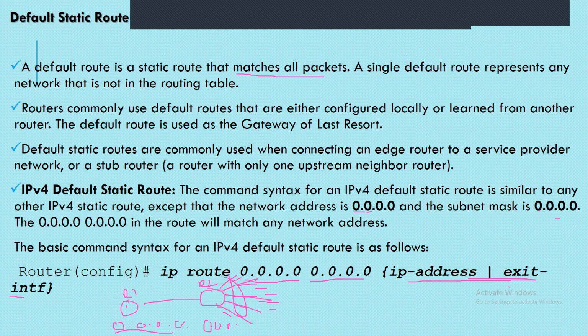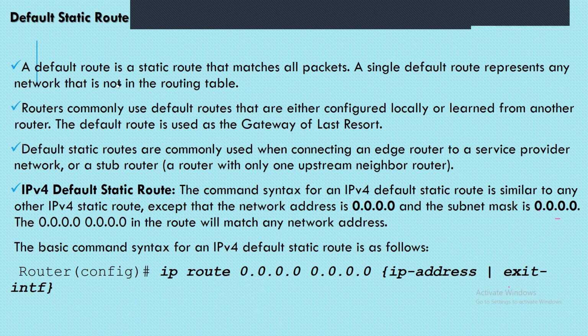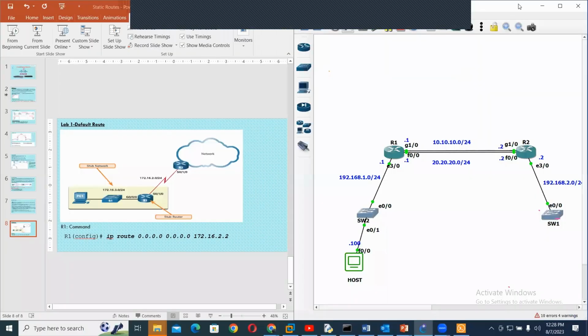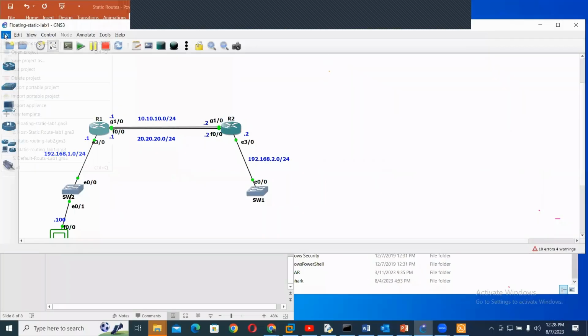I think we can understand it better with the lab. But this is very useful for the configuration if you want to access the internet. Because you don't know how many networks are outside your local network, we have to configure to cover each and every route.